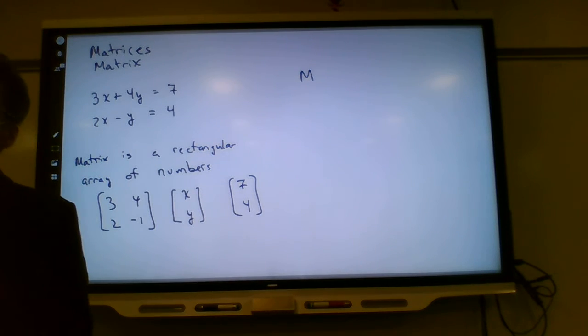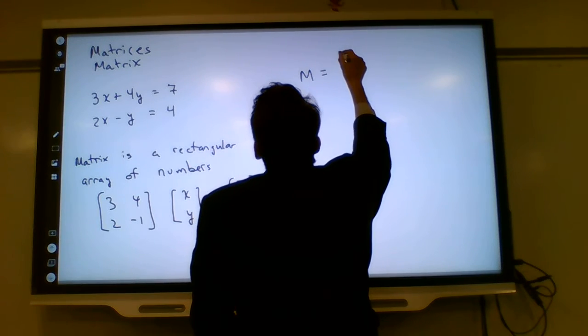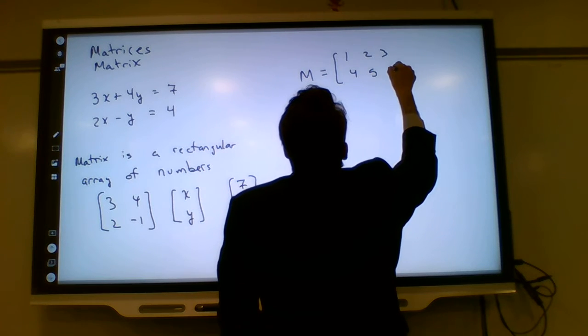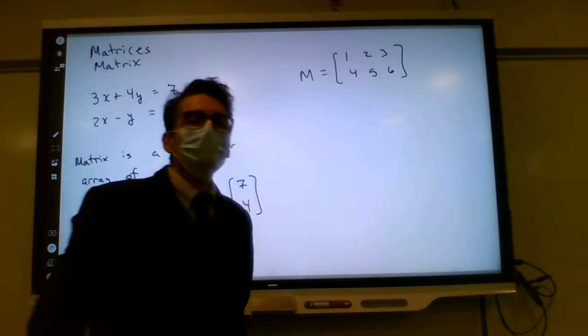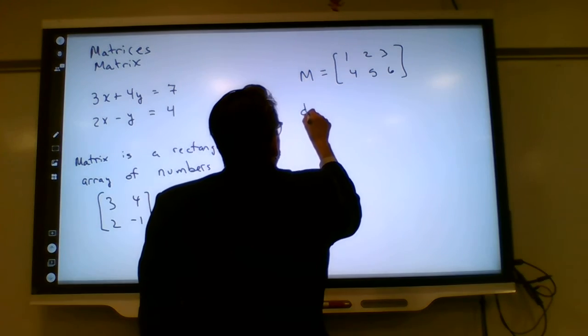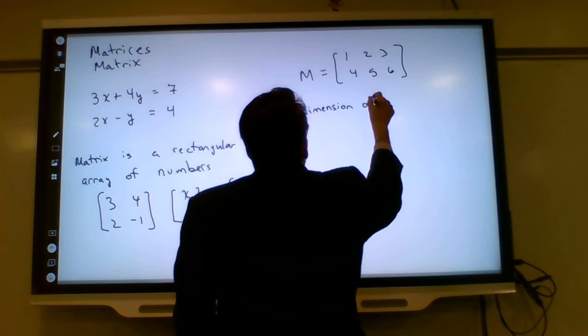Descriptive, short descriptive names. So if I had a matrix, let's say 1, 2, 3, 4, 5, 6, we can talk about the dimension of the matrix.